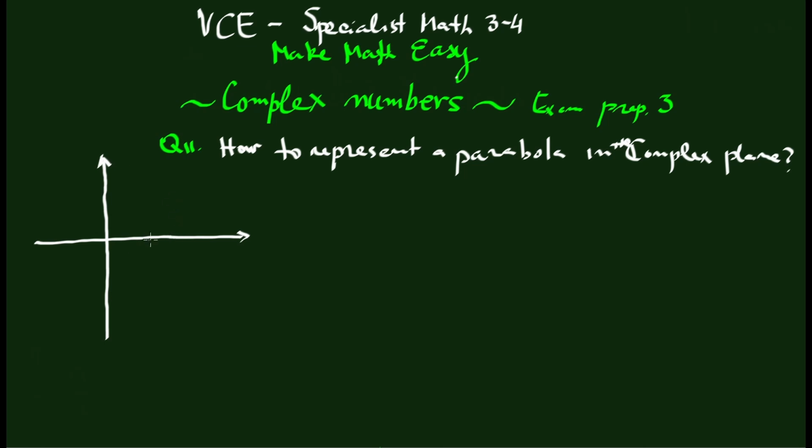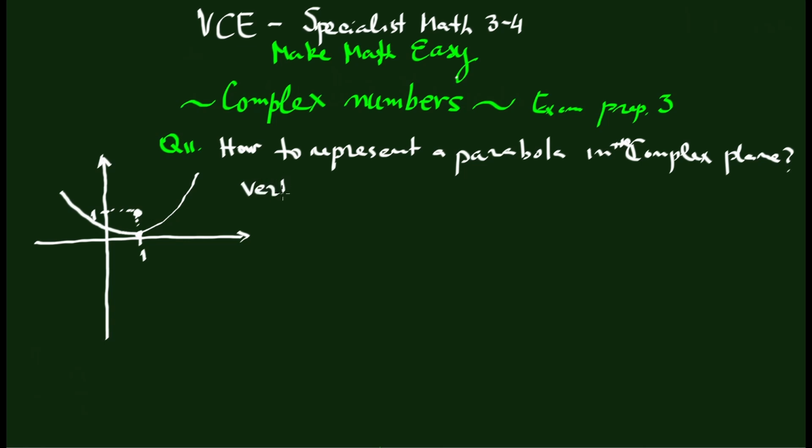Say that our parabola has a focus at 1, 1, and its vertex is here. So say it might look something like that, and something like that.